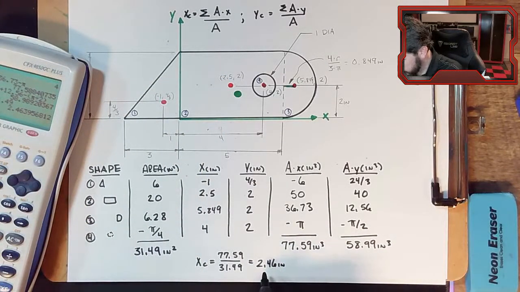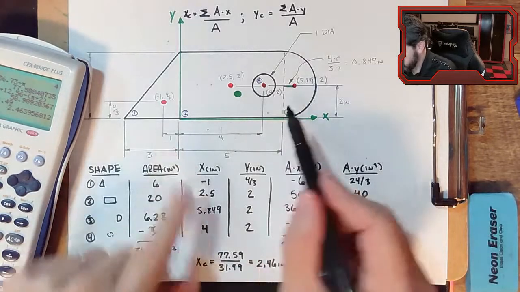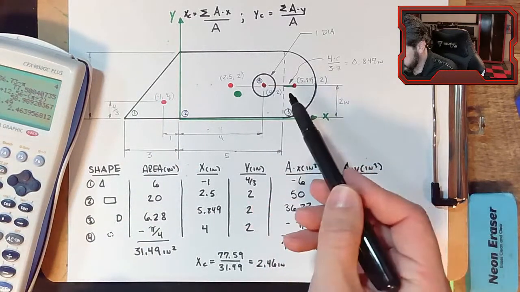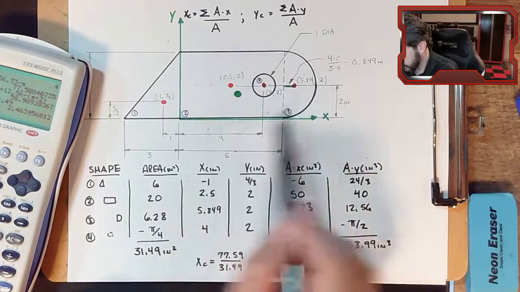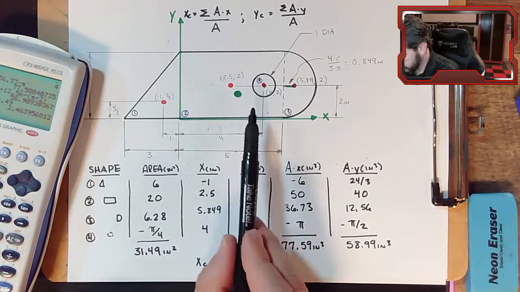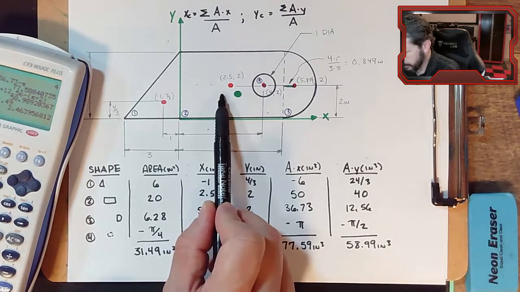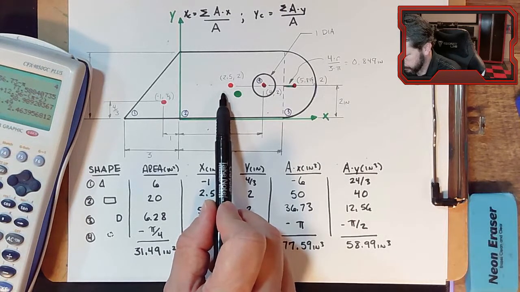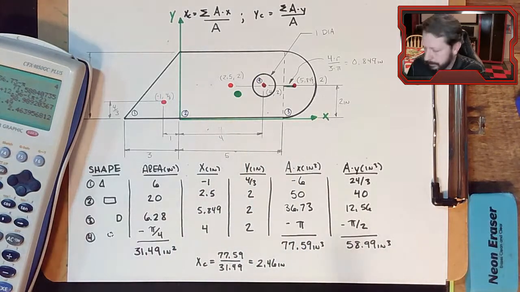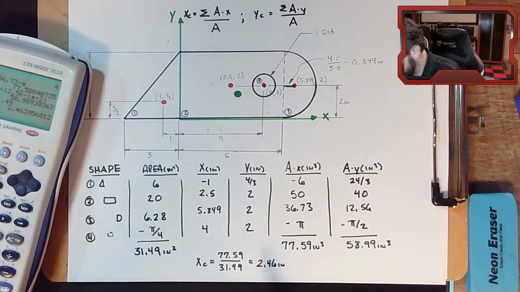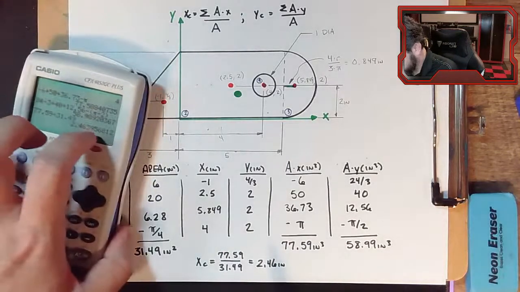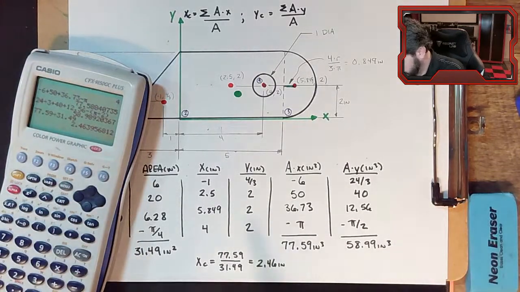So we thought it was going to be just to the left of the center of this side. 2.46 is actually a little bit further left over here, but that's reasonable. We can believe that. We could have made a mistake in our math somewhere, but I think we did it right, and that doesn't alarm me.